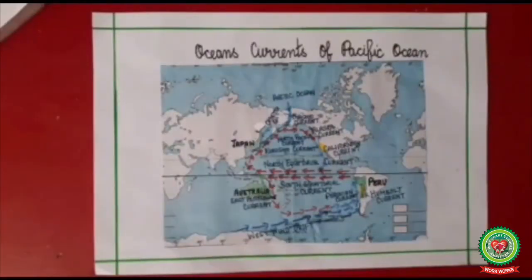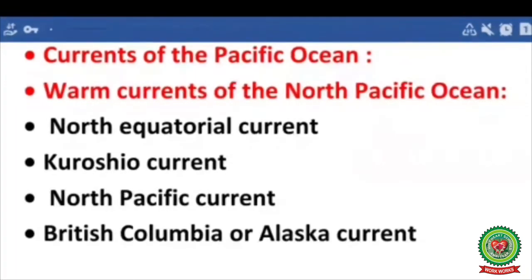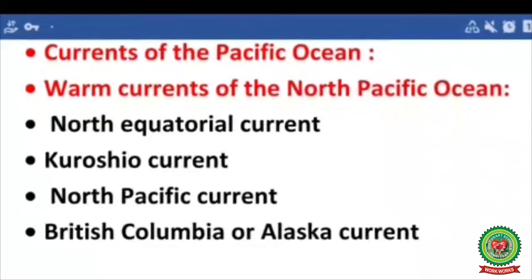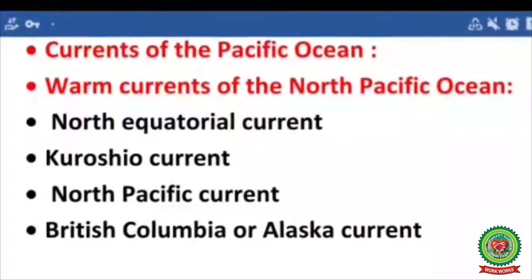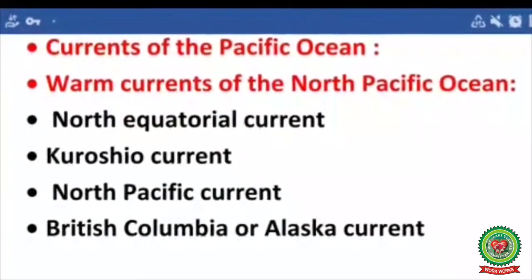So here we have the complete map of the ocean currents of the Pacific Ocean. You can refer to this map anytime. So, let's have a look at the ocean currents of the Pacific Ocean.